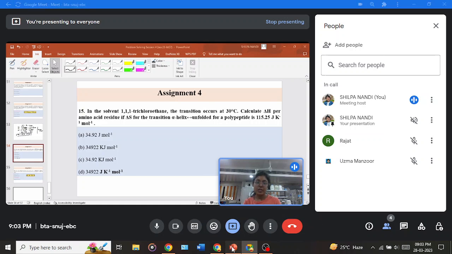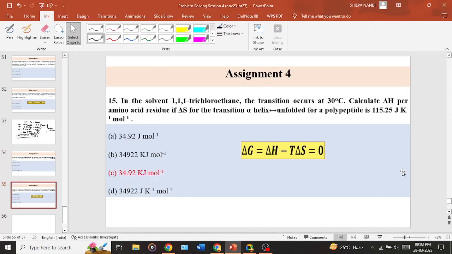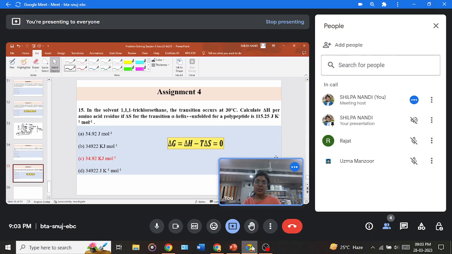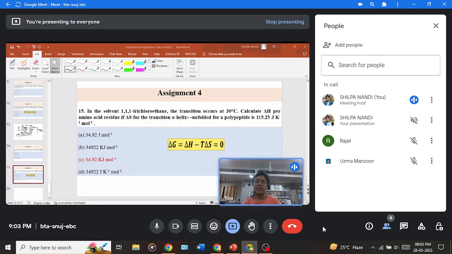Finally, we'll see what the answer is. The answer is actually C, that is 34.92 kilojoule per mole. And as I already said, you have to just focus on the standard equation of Gibbs free energy: delta G is equal to delta H minus T delta S. Since it is a transition state, this will again be equal to 0.